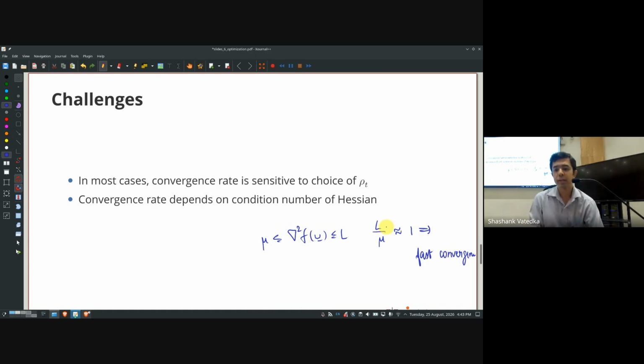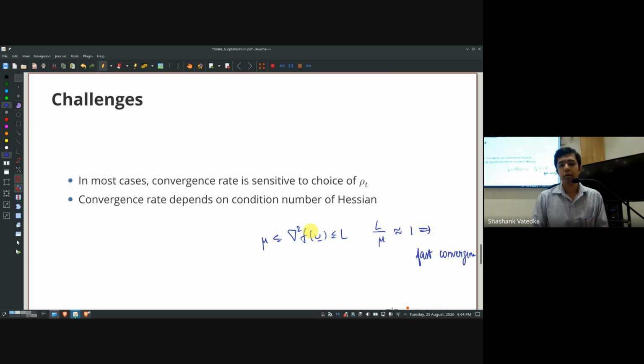The reason why the condition number plays such a role can be seen from the geometric interpretation of the eigenvalues of the Hessian. What does the Hessian give us? It essentially tells you what the curvature of the function is, whether it's steep or it decreases in a very gradual manner.